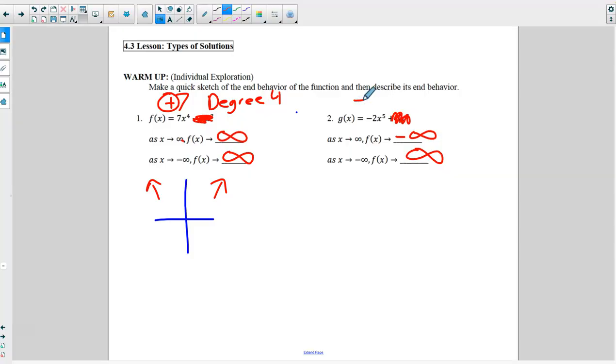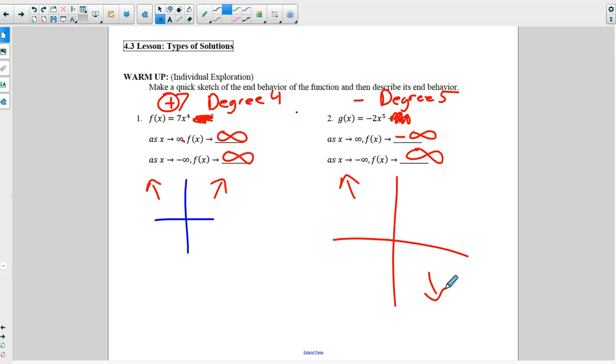So I got a negative sign right there from the -2. And then what degree is that? 5, degree 5. So that means my graph looks like that. So I 100% agree. Okay? So we got negative infinity going down. To the left, I have positive infinity going up. So that's how it works.